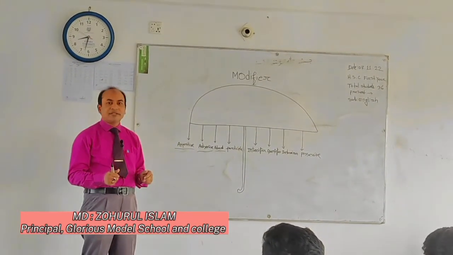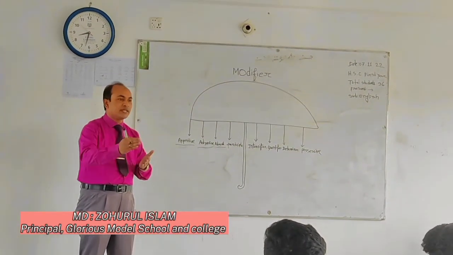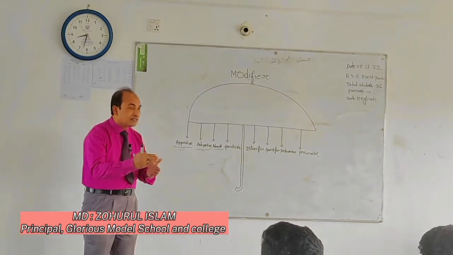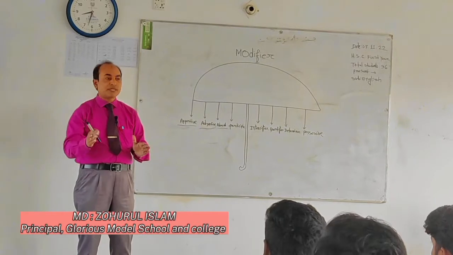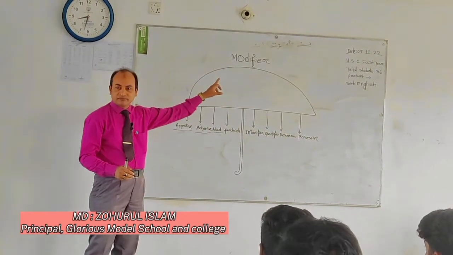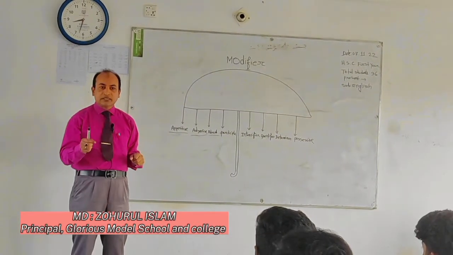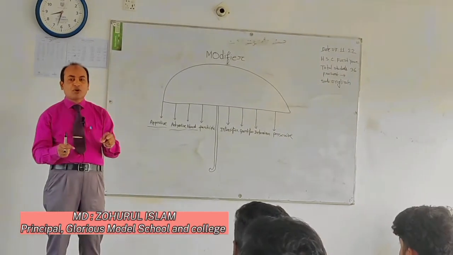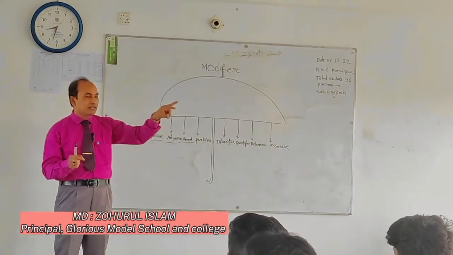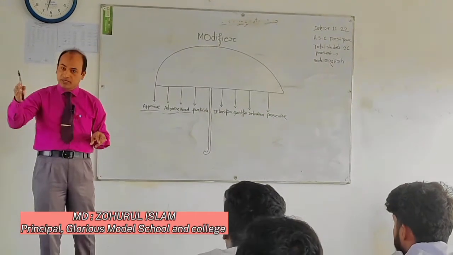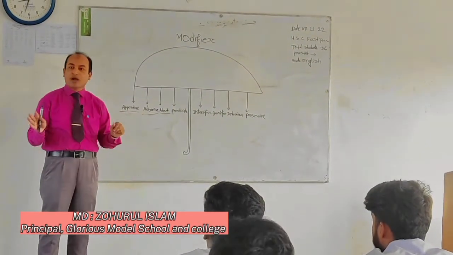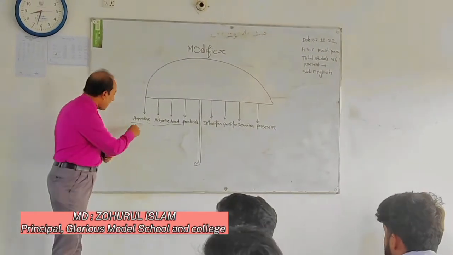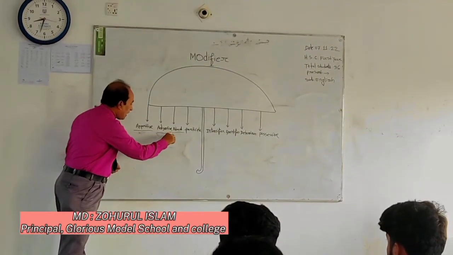Suppose, it is running slowly. How it is running? Slowly. So slowly is adverb, and adverb has been used as modifier. So slowly, how it modifies? Because slowly modifies running. It is running slowly. Slowly modifies running. So here adverb is modifier.